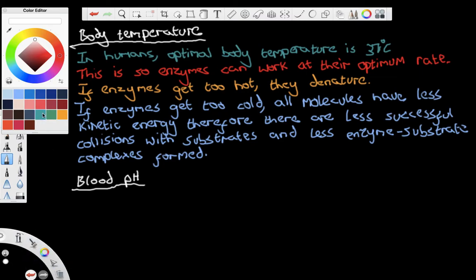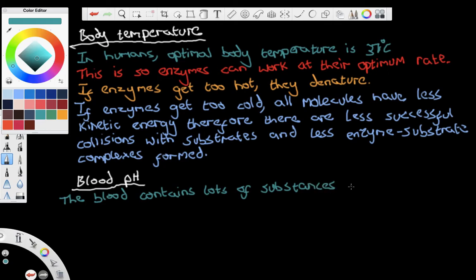Okay, so we can say that the blood contains lots of substances that raise and lower the pH. Okay? Now, these things are in constant fluctuation.